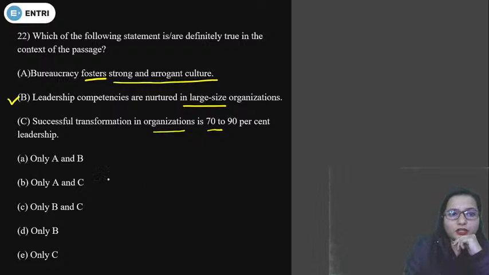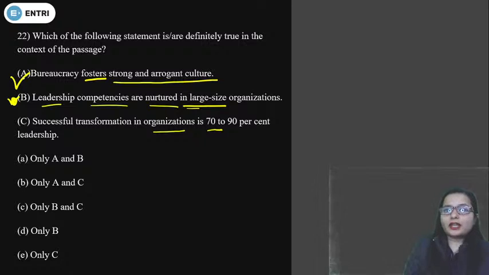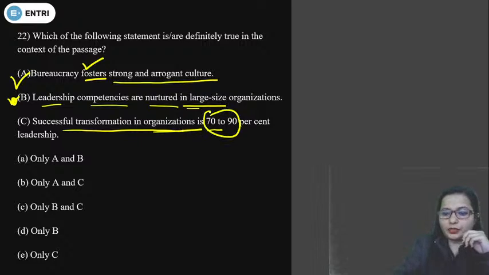No, it is actually not explaining this thing correctly. Leadership competencies are nurtured in large organization. No, actually it is talking about bureaucracy fosters among strong and arrogant culture. This is correct. And also successful transformation in organization is 70 to 90% leadership.